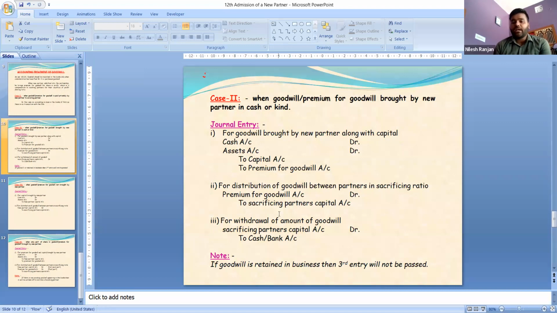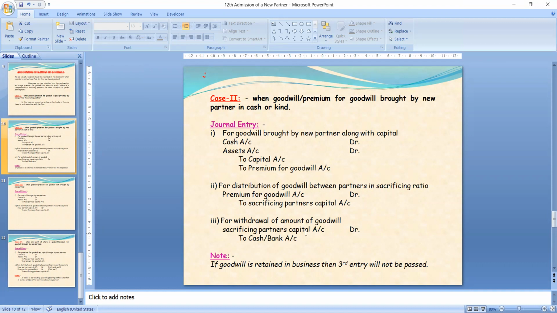And for withdrawal of the amount of goodwill, let's say existing partners do not want to keep goodwill in the business. They want to take it home. So they will withdraw the goodwill value and take it home.